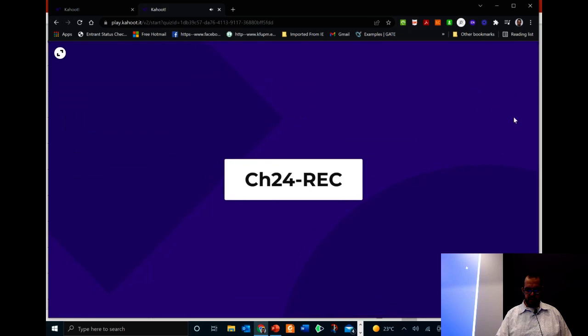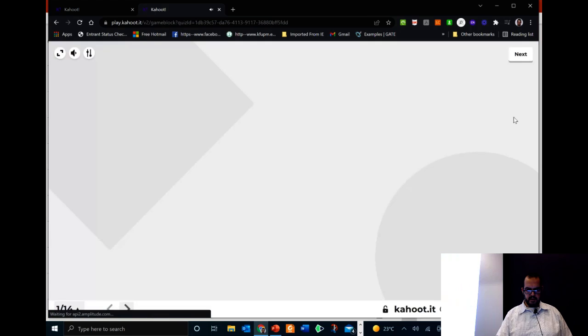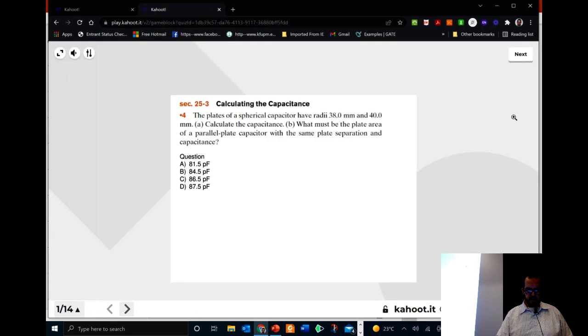So while you're logging in, yes, it's capacitance. Okay, so here, 2 minutes. Let me read this for you. The plates of a spherical capacitor have radii 38 millimeters and 40 millimeters. Calculate the capacitance.